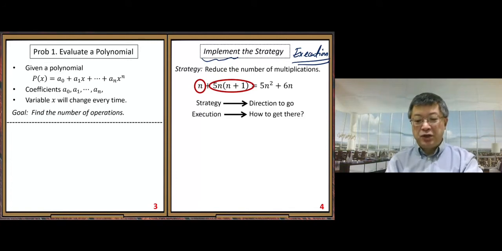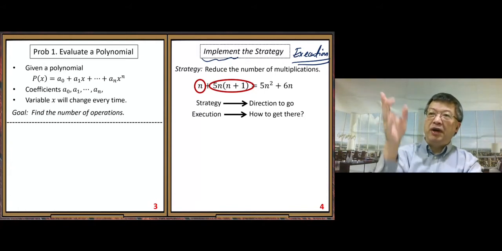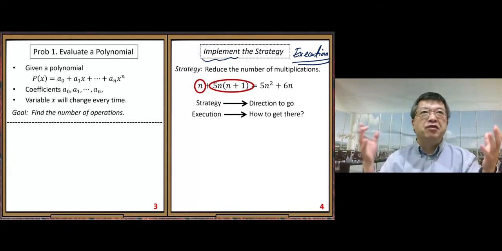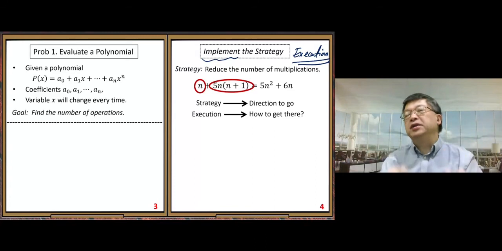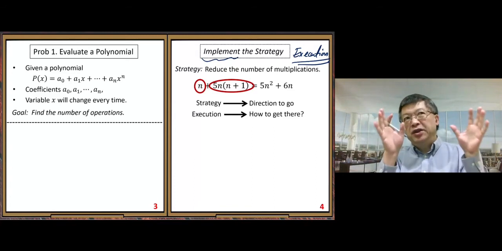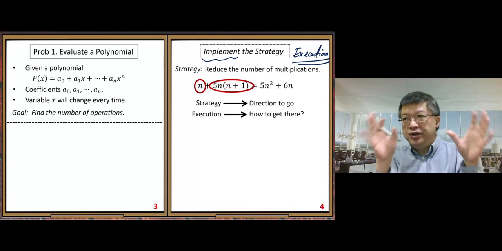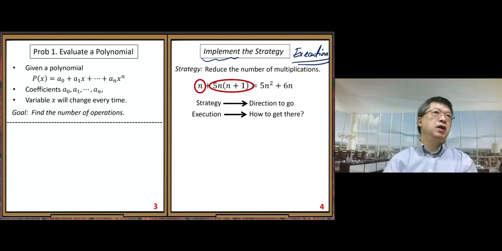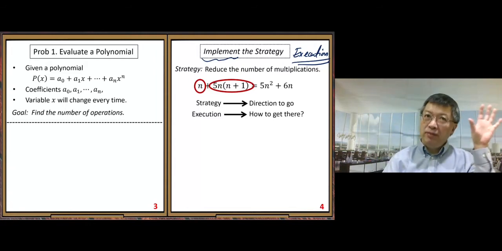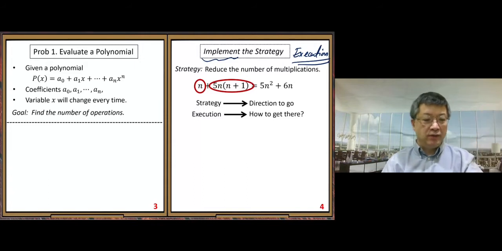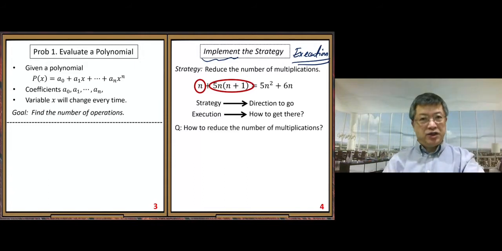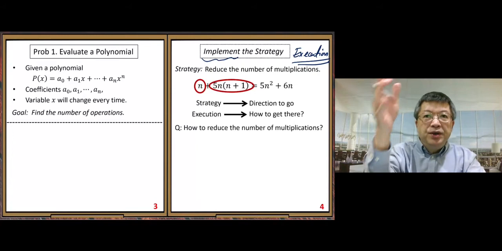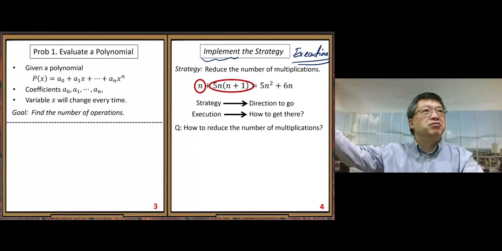Second, execution, how to get there. Even if you know you should go along this direction, you need to have some good way to do it. Okay? So the execution part is also extremely important. So that's from our part one. So we know its importance. All right. Question. How to reduce the number of multiplications?